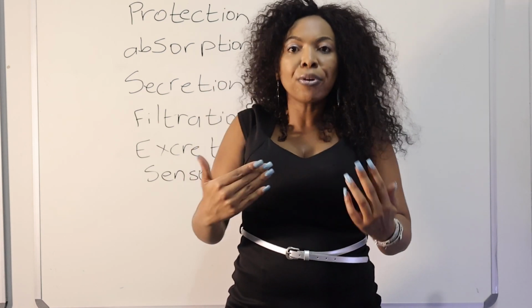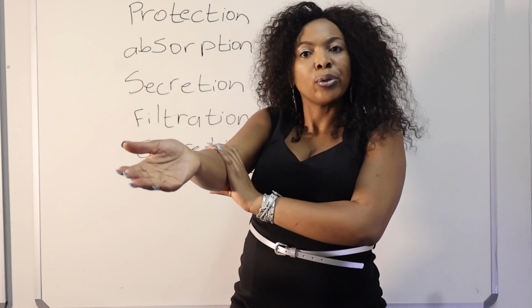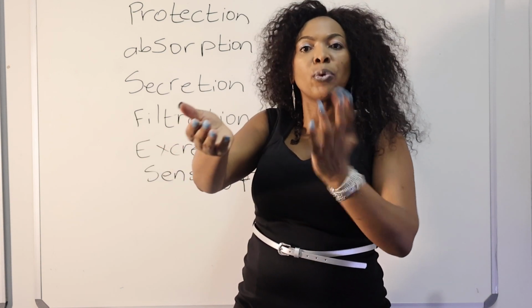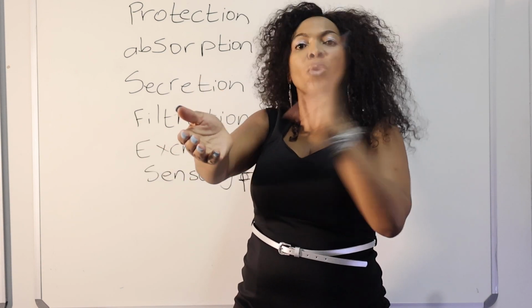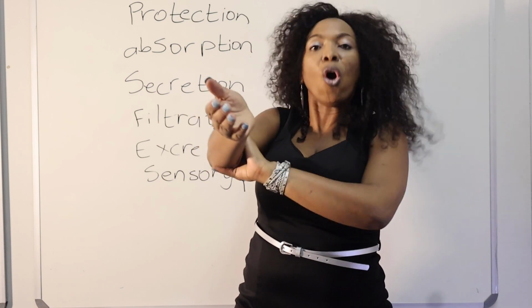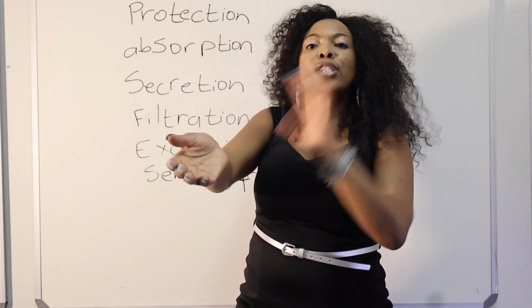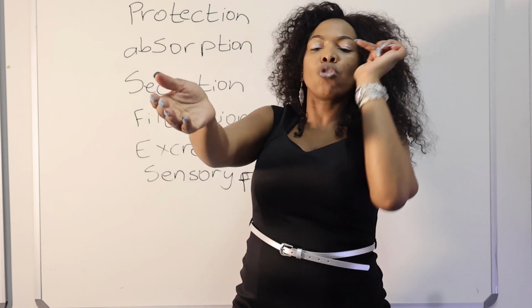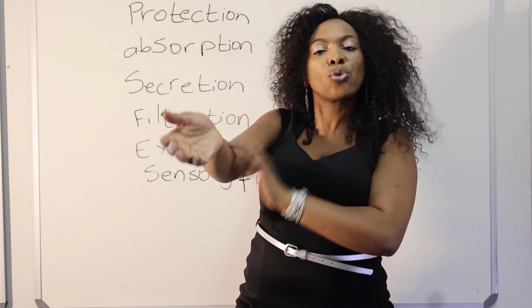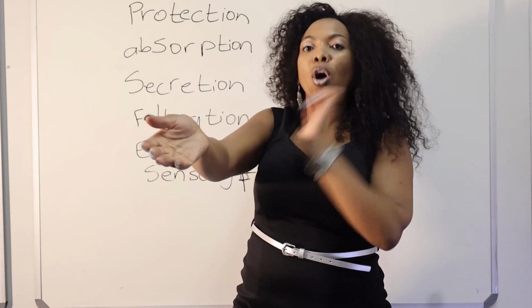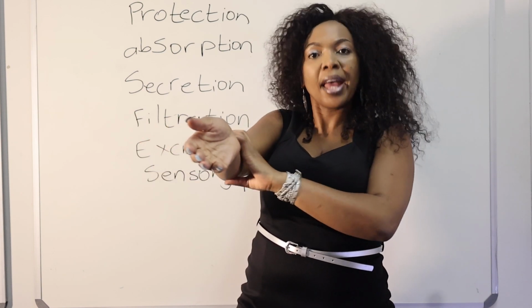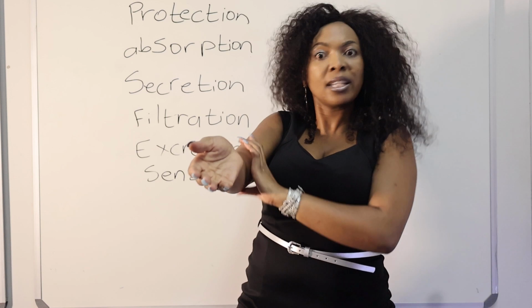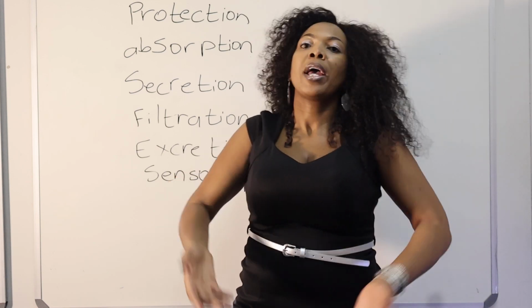For an example, on the skin, we have the epidermis, which is an epithelium of the skin. So anything that has to go through the skin has to pass first through the epithelium of the skin, which is the epidermis. Obviously, this is the outer part.